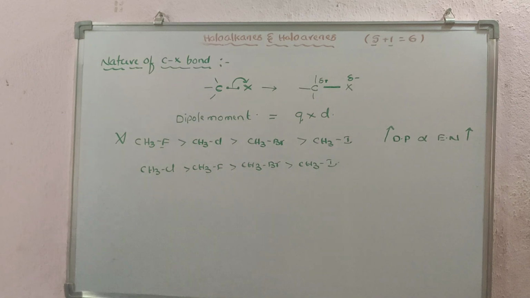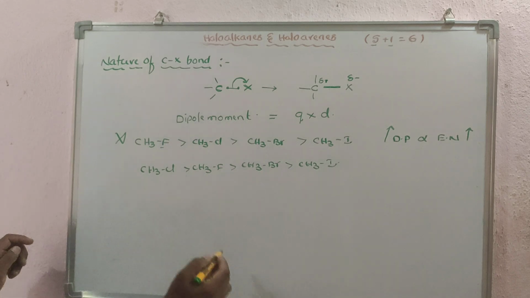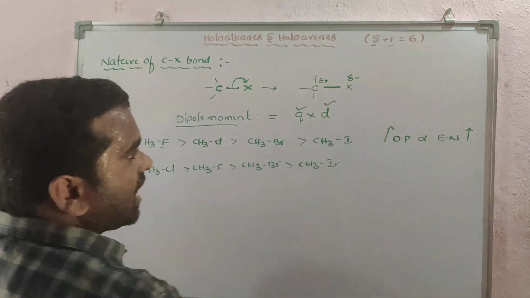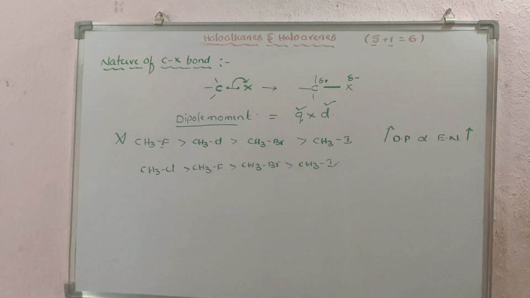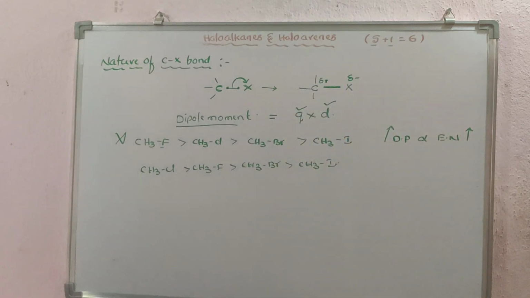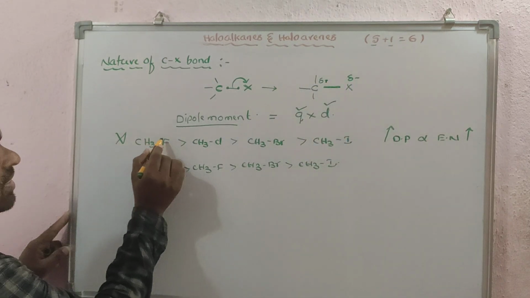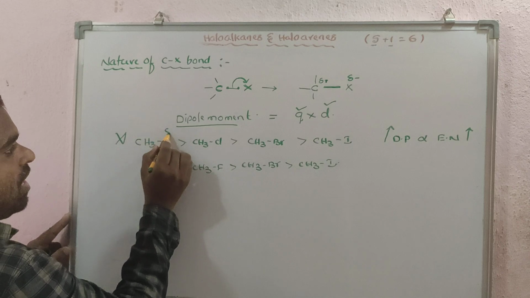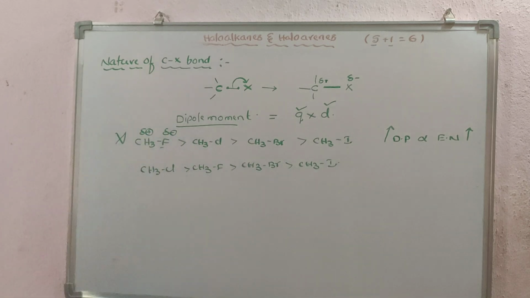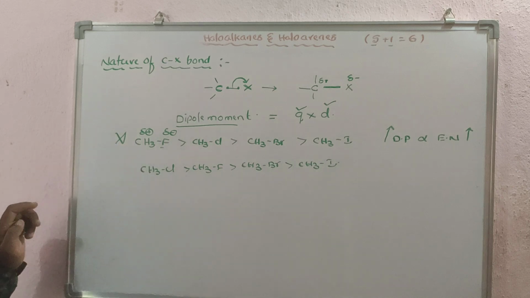So why is it like this? Because dipole moment depends upon charge and distance, the distance between the C and X bond. As I have already mentioned, the halogen atom acquires a partial negative charge and carbon acquires a partial positive charge.